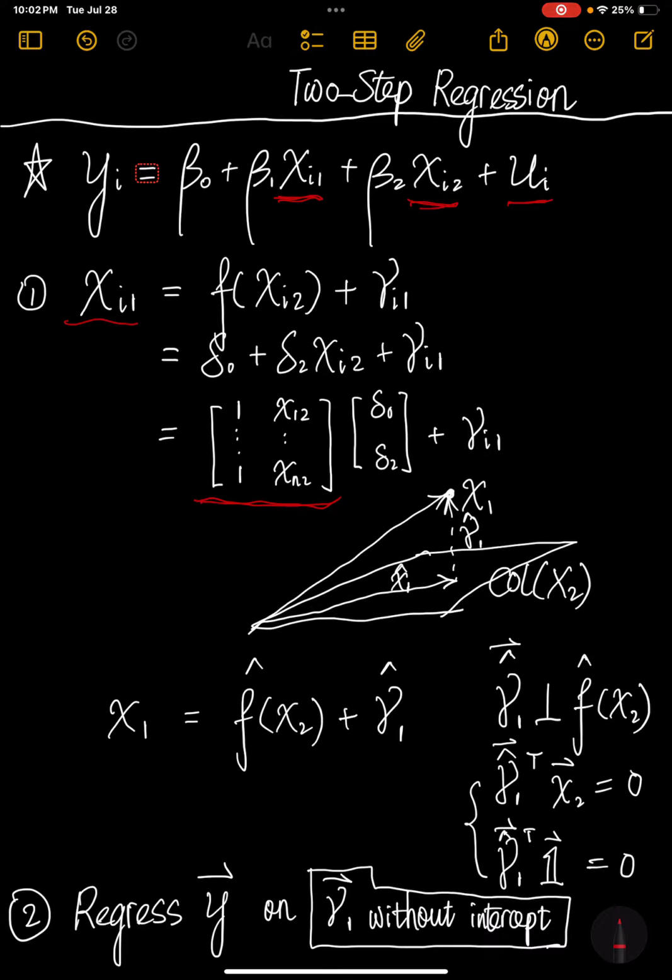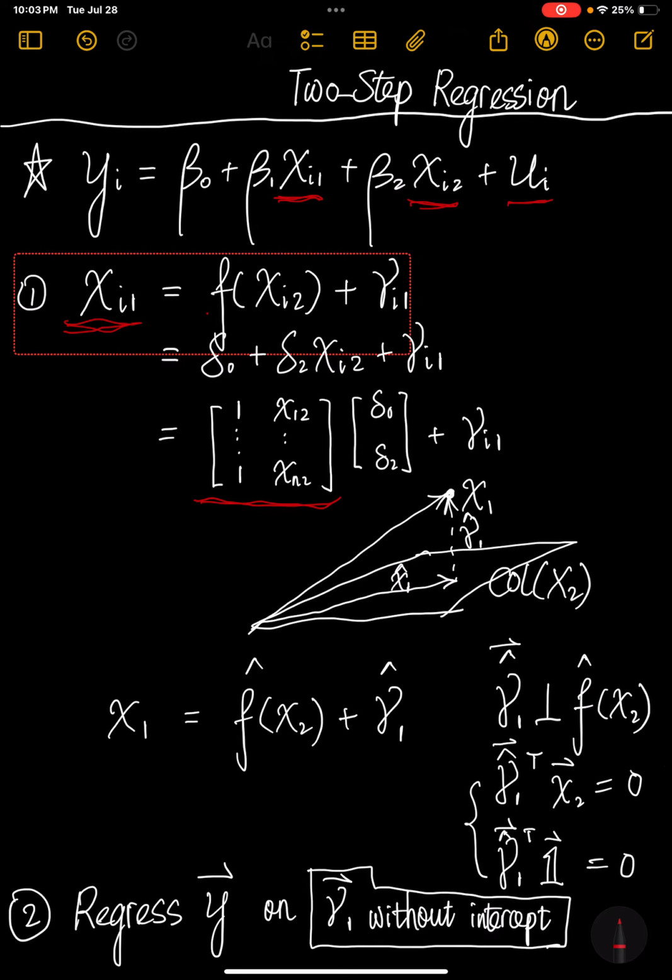Therefore, we are going to break it up into two steps. In the first step, we would like to model one of the independent variables by the second one. In this case, we would like to express x1 as a function of x2 plus some error term.